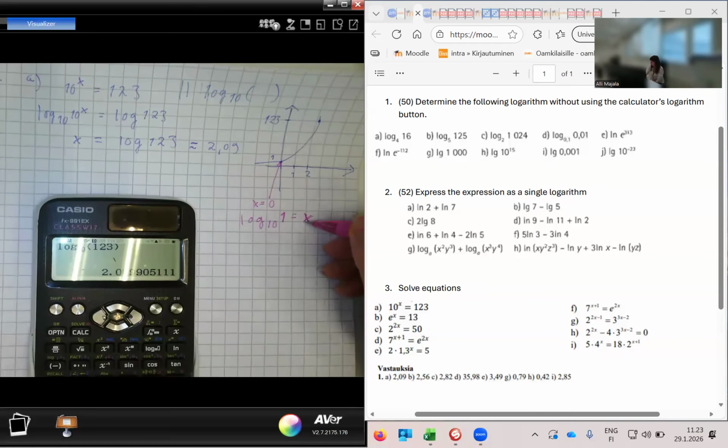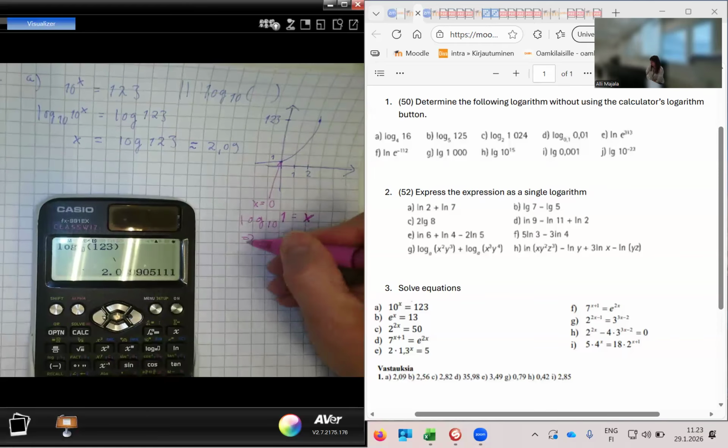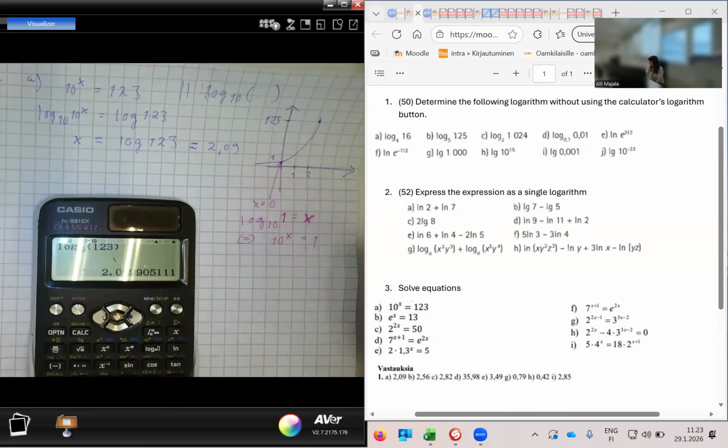Then you get 10 to the power of x is 1. And how do you get 1 out of it? Then you have to put there the 0. And this is always whatever base you have to the power of 0, any base e to the power of 0 is also 1.